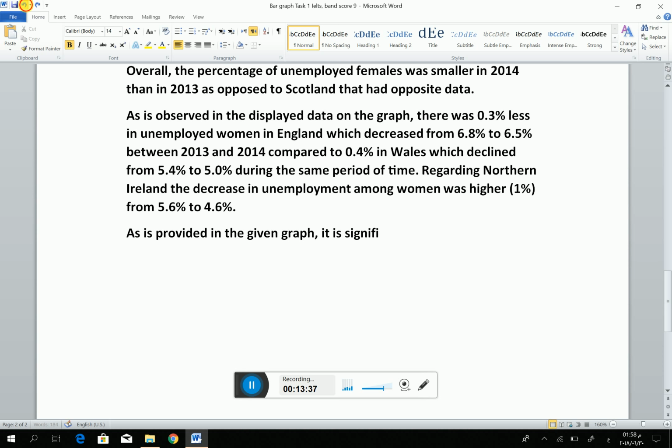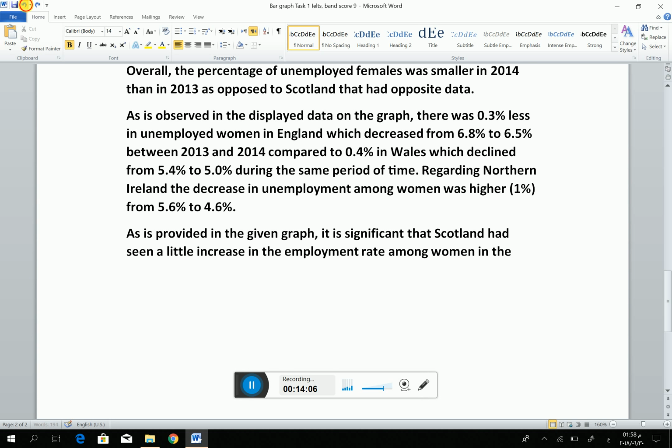It is significant that Scotland had seen a little increase, opposite to the other 3 countries which have seen a little decrease. So again, it is significant that Scotland had seen a little increase in the unemployment percentage or rate among women or female in the period between 2013 and 2014.